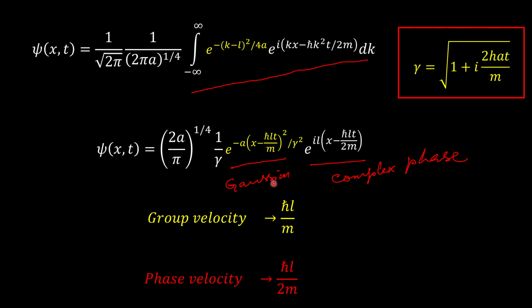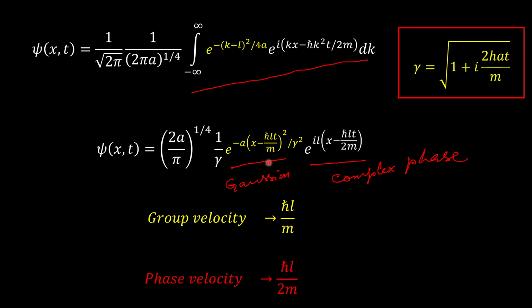So here you can see h L over m. h L is the momentum, L is k. L has the dimension of number of waves per unit length, so it is the wave number. So it is equal to momentum, mass times velocity, divided by mass.